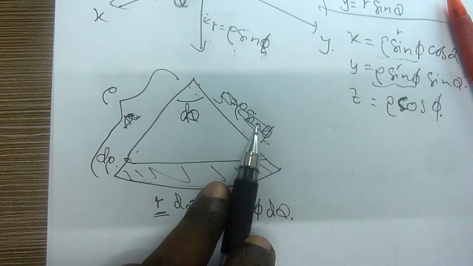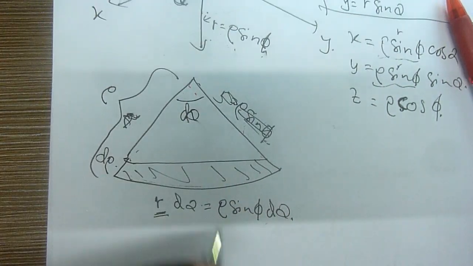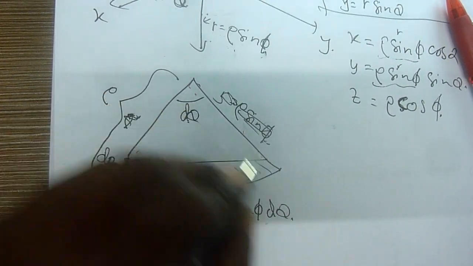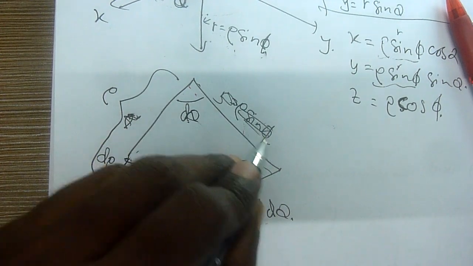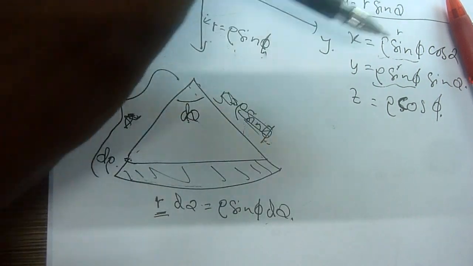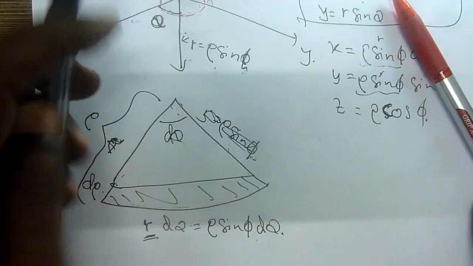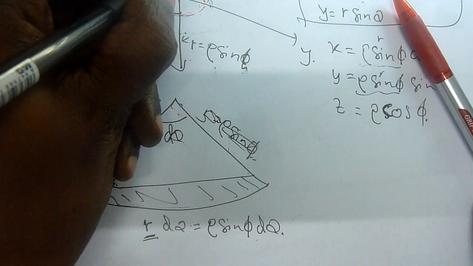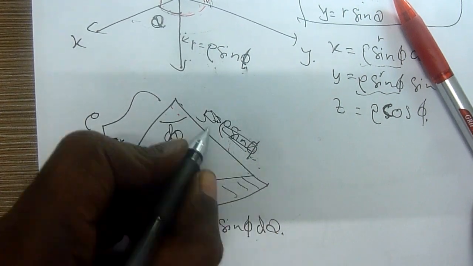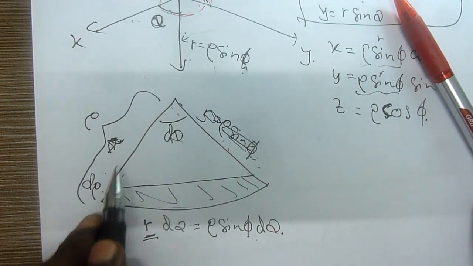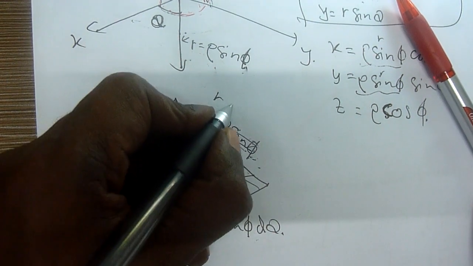Some of you can understand this. What I'm trying to say is, is it wrong to say rho sine phi? No, the whole thing, when you fall it into the sine phi, you see the phi is 90 degrees. From here it's 90 degrees. If it is 90 degrees, you get rho back.